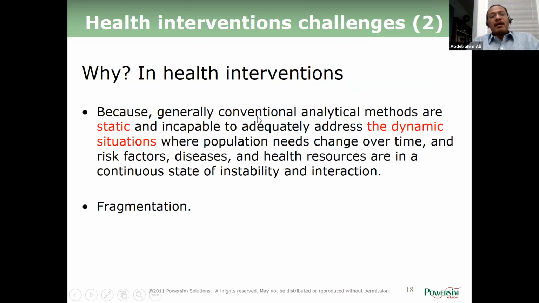Generally people use conventional analytical methods, and conventional analytical methods by their nature are static, and incapable of addressing the dynamic situation of the population and the needs changing over time, the risk factors, interactions with disease, the issue of the resources needed to address these issues, the instability of all that context, and the usual thing of fragmentation.